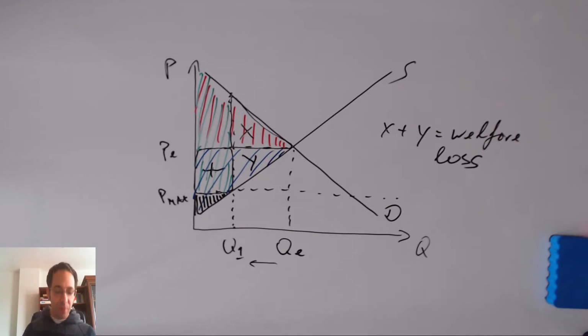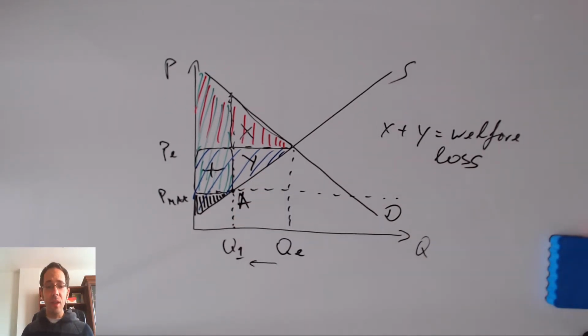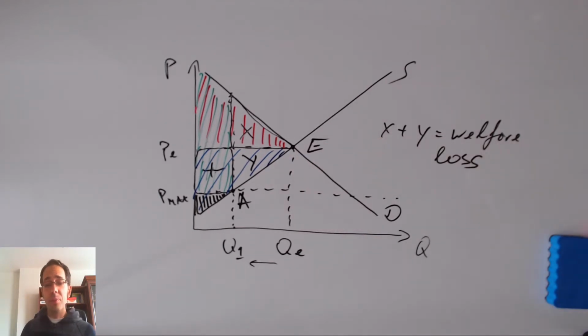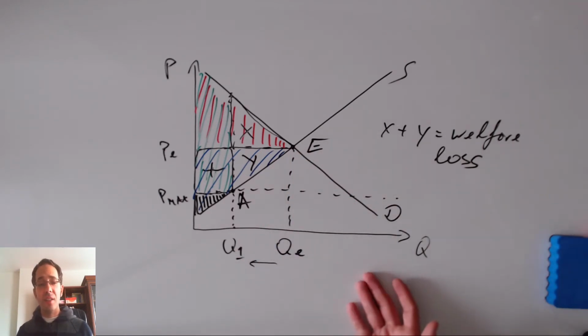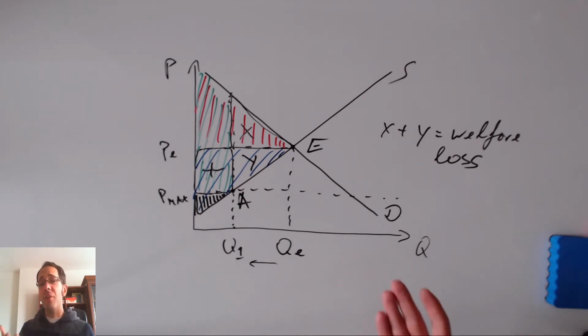Your starting position would be this point A with the maximum price, and your ending position would be E, the equilibrium with no maximum price, and you would have to compare how the consumer surplus will change and how the producer surplus will change. Going from A to E, the producer surplus will clearly increase. The market efficiency waste will be eliminated. The market will be efficient. Overall, removing the maximum price will be a good decision.